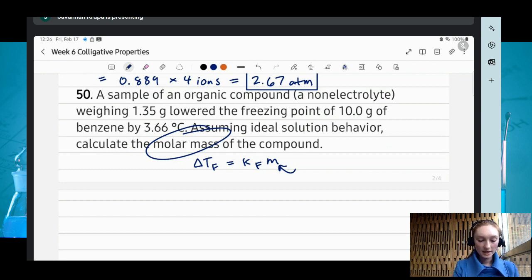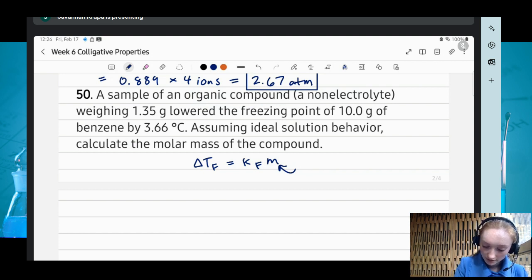And because benzene, where is it here? It's an organic compound, and so benzene is going to be the solvent here, and because we can divide by it, we can isolate exactly the molar mass of this compound. I'll show you what that looks like. So let's first move some things around.